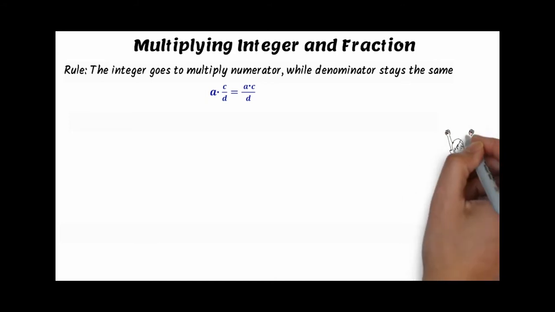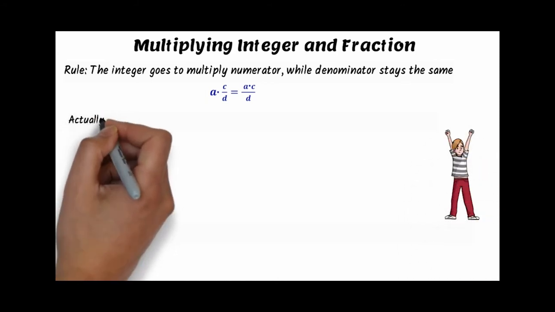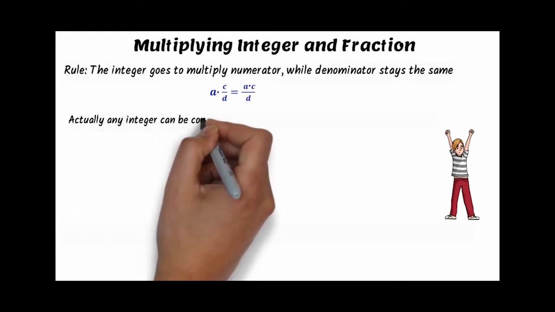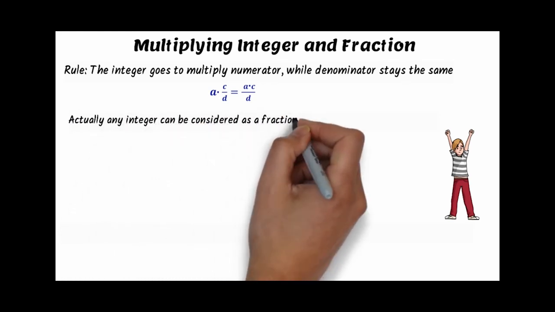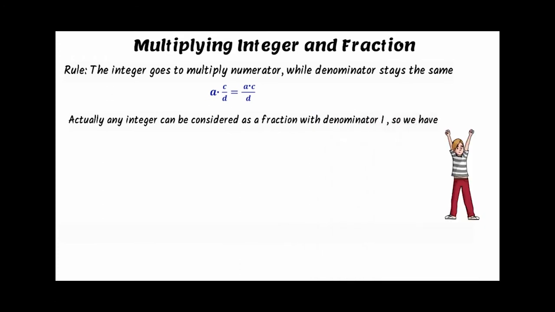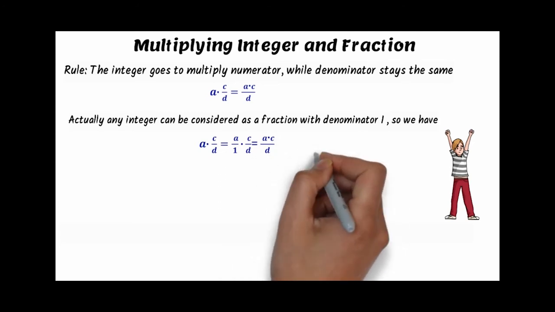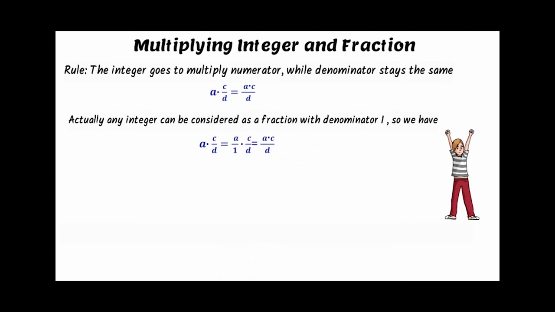If you think more about it, any integer can be represented as a fraction with the denominator equal to 1. So the expression can really turn into a over 1 multiplied by c over d, and that gives us a multiplied by c over d.